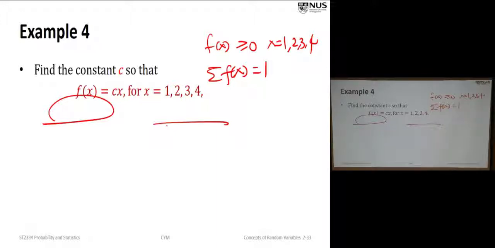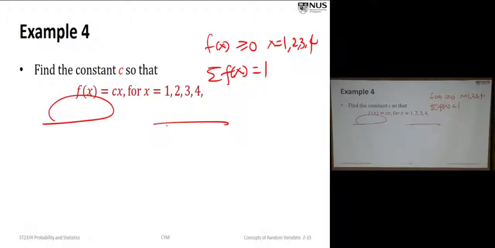So here is an example of a probability function, which consists of the random variable: you have the range of values, and associated to each value there is a quantity represented by this f of x. That reflects how likely the random variable takes that value. So that's a probability function.